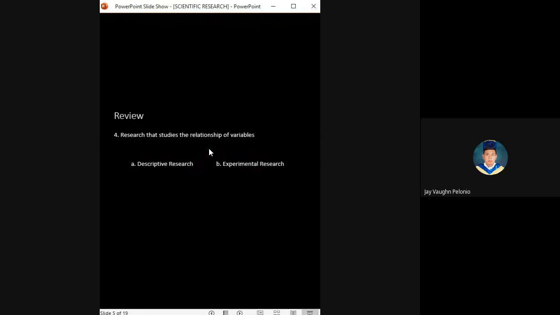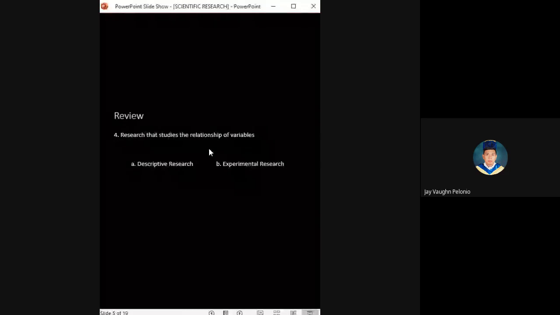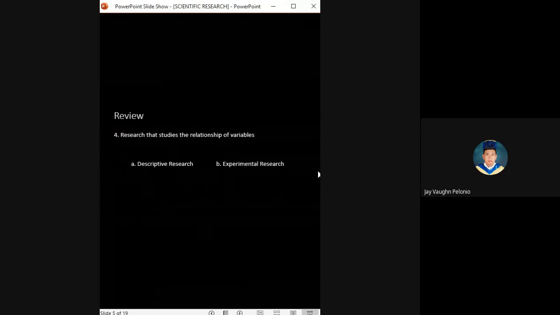Now, what type of research studies the relationship of variables? We have an example here before. Let's say the researcher wanted to correlate family income and academic performance.